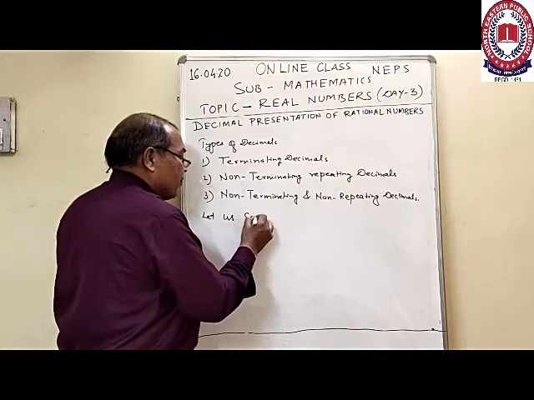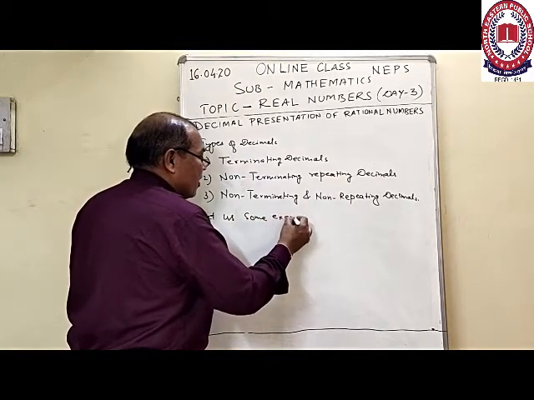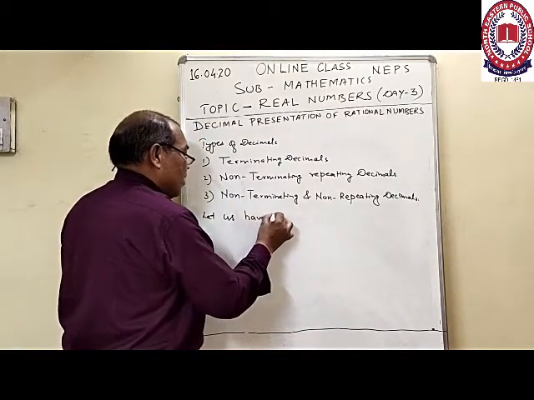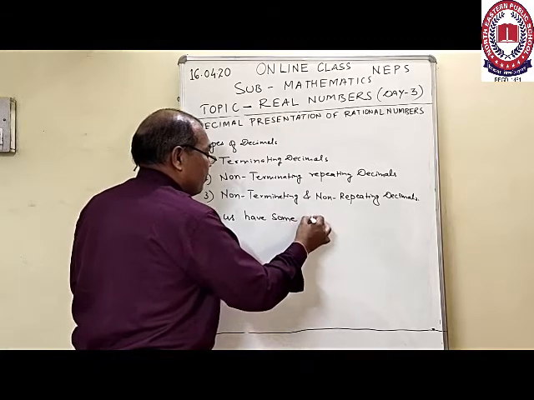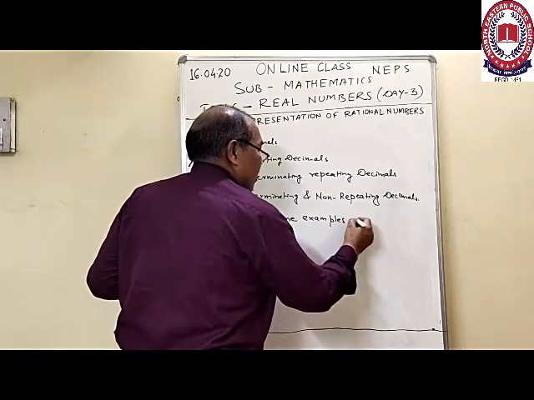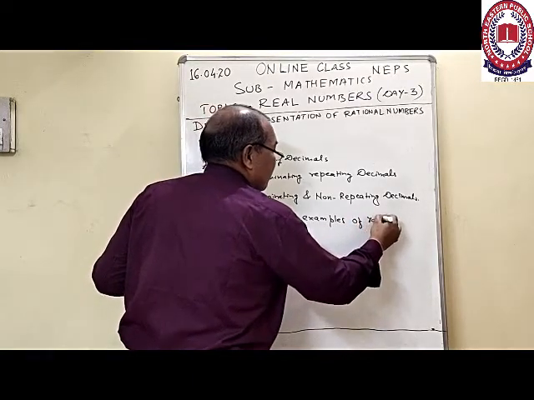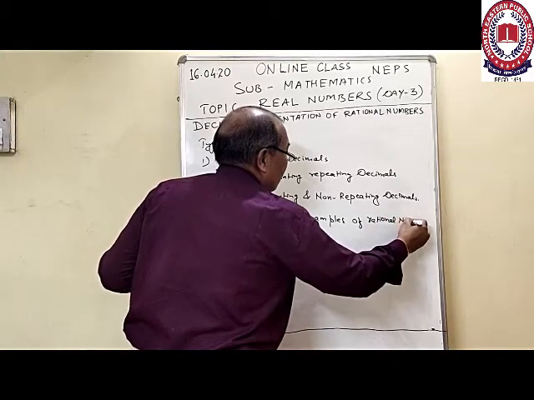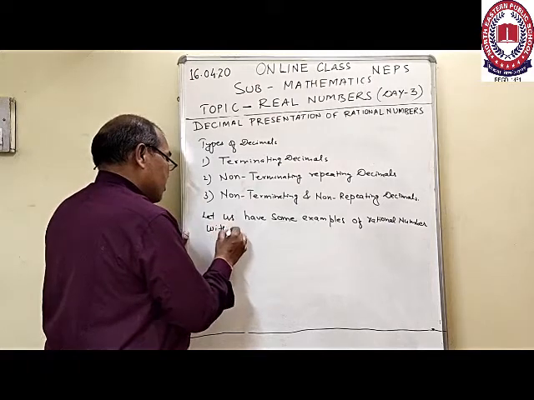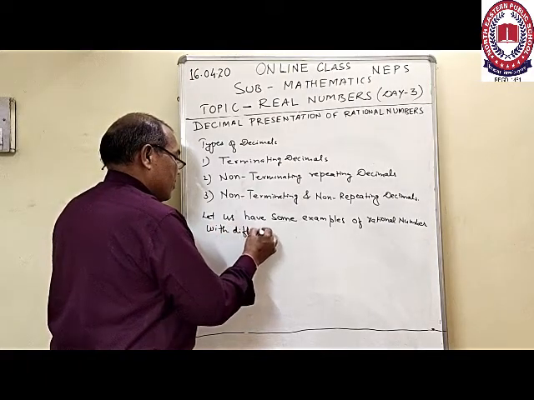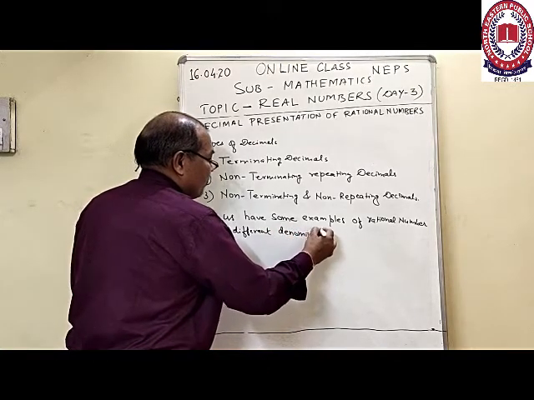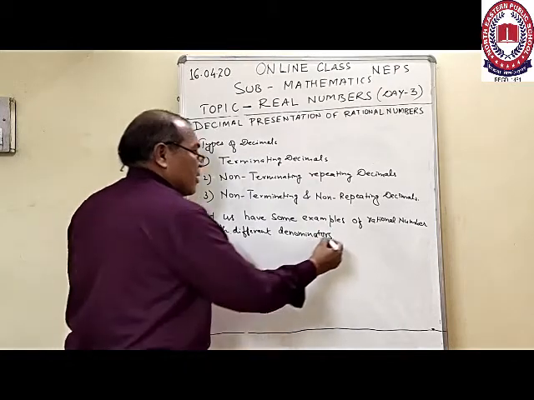Okay, so let us have some examples of rational numbers with different denominators.